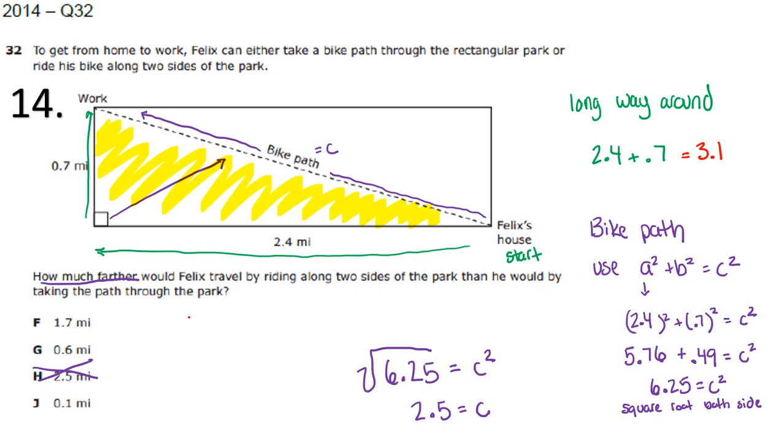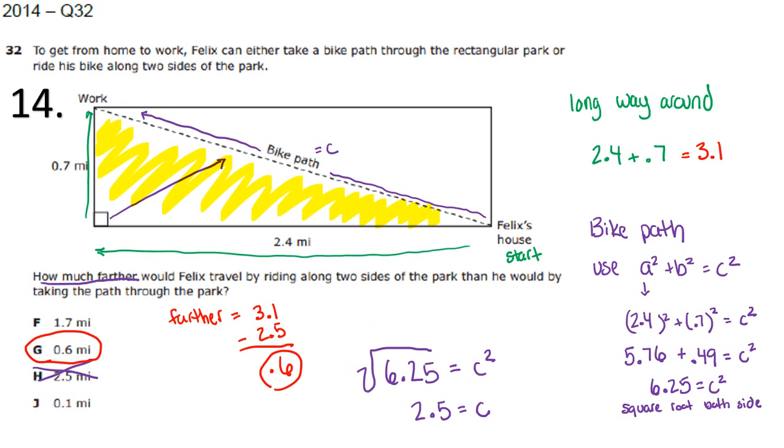So to figure out how much farther is, we have to do 3.1 minus 2.5. This is to tell us how much shorter or how much time he saved. And you have 0.6. So don't get sidetracked by picking the easy answer. We had to read that second part to make sure we got it.